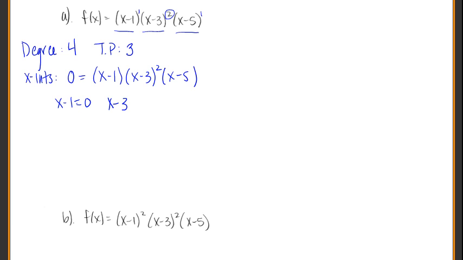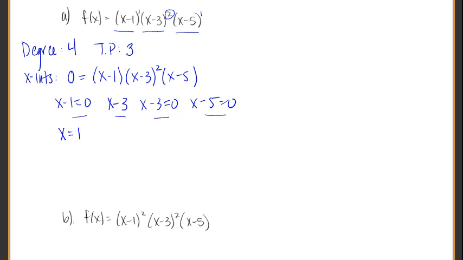Because x minus 3 is squared, I need to write this x minus 3 twice. And look right here, how many things did I write down? 1, 2, 3, 4. And look at our degree. Our degree is 4, and it's telling us about our 4 x-intercepts. Now some of them repeat, but the maximum number is 4. So finish solving this out.